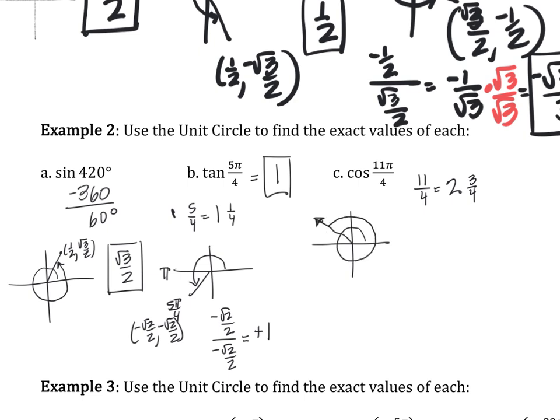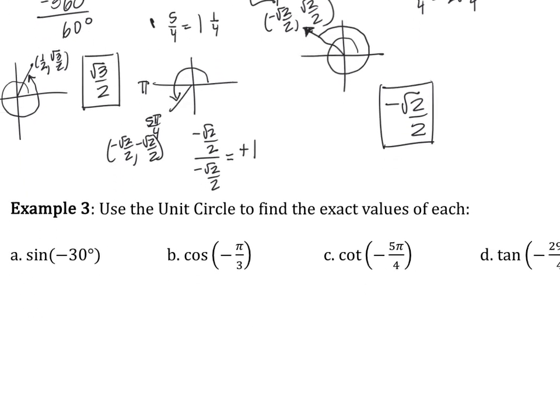So we're looking at the same thing as 3 pi over 4. And that ordered pair, x would be negative square root of 2 over 2. Y is square root of 2 over 2. And cosine is x. So this one would be negative square root of 2 over 2. There we go. All right.